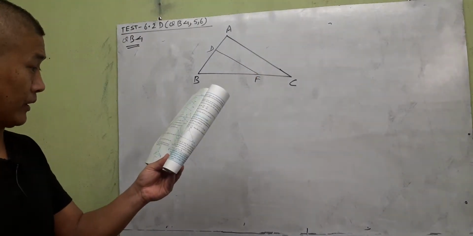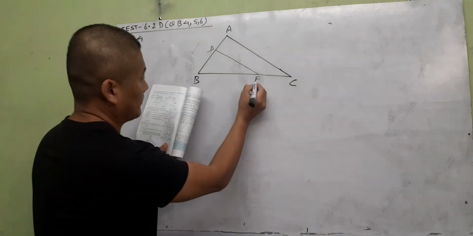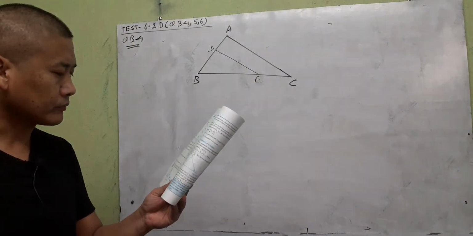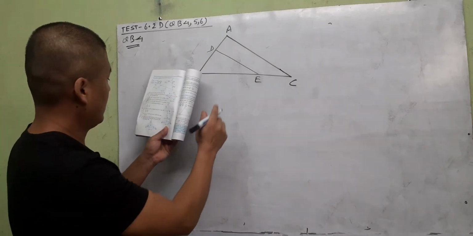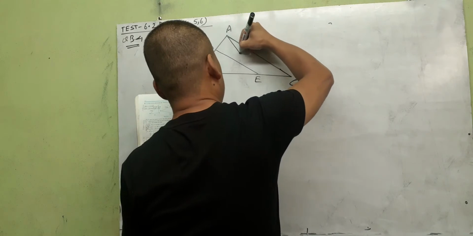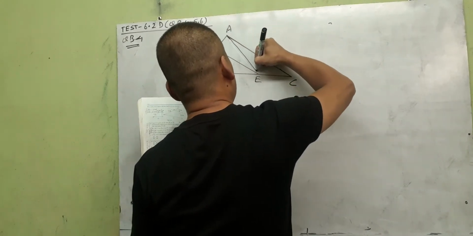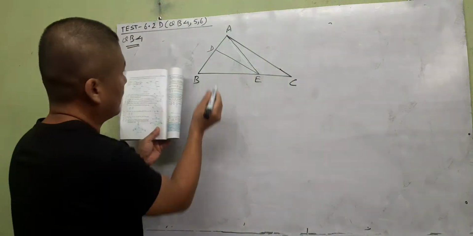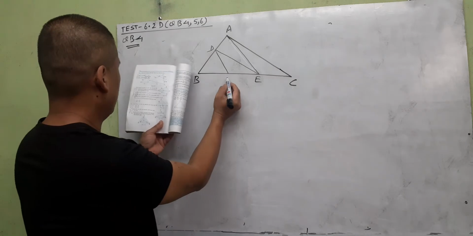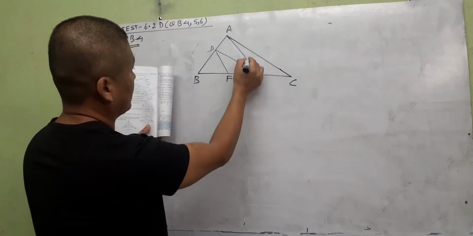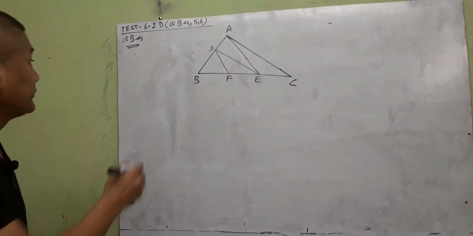DE is parallel to AC. Then from here there is another line joined, meaning AE is joined, and DF is parallel to this AE. So that is given.